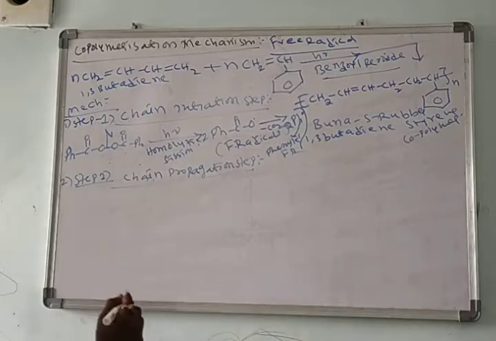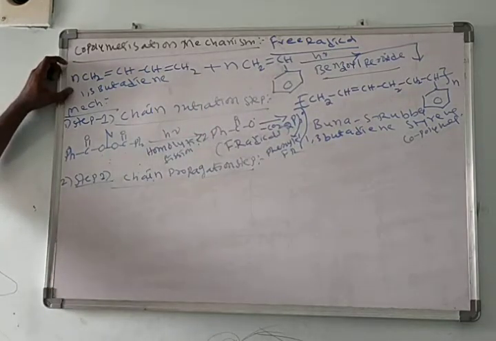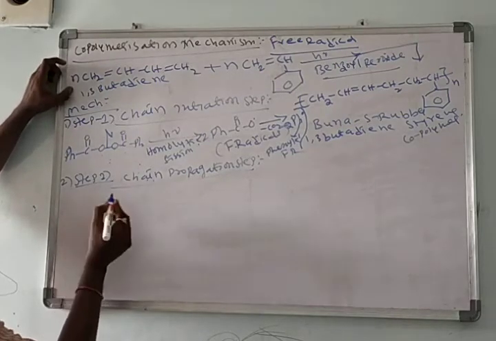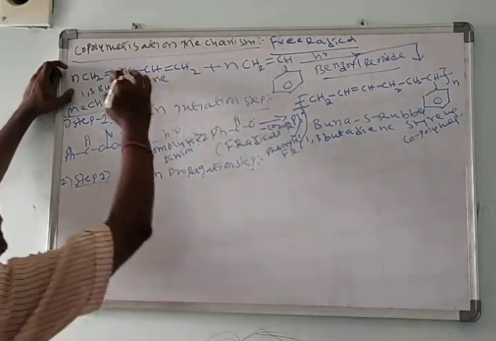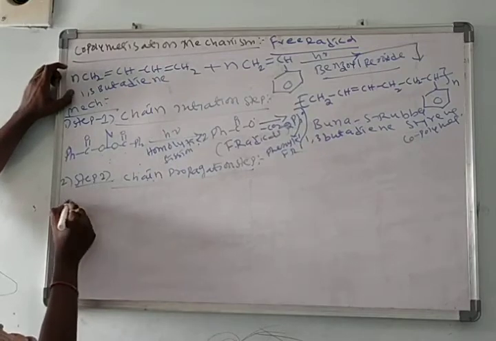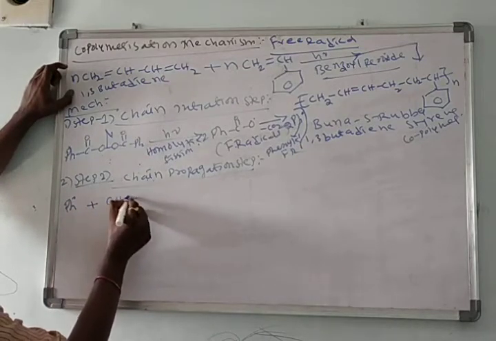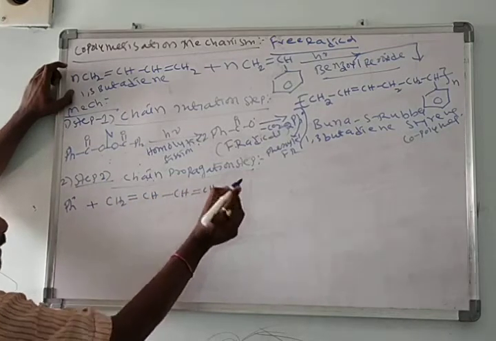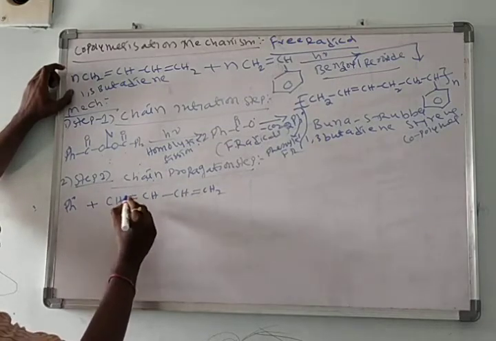Here, take any one of the monomers. I am taking 1,3-butadiene first. The phenyl radical attacks 1,3-butadiene. 1,3-butadiene contains two double bonds.